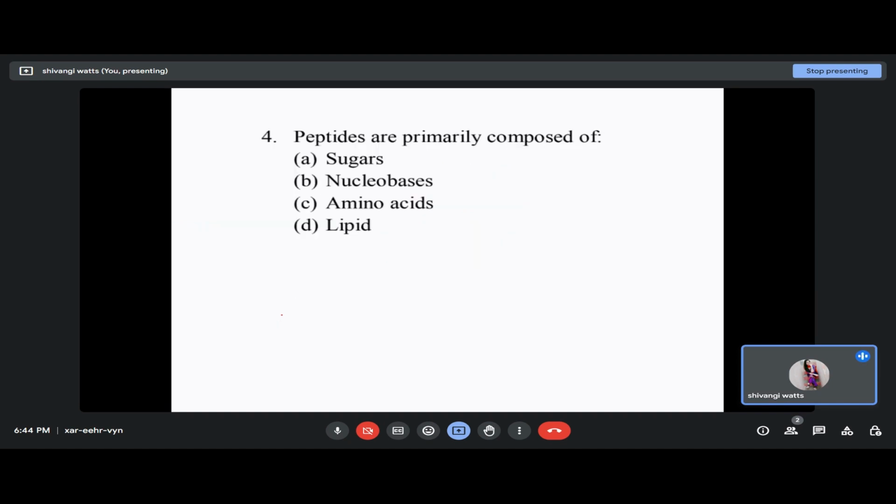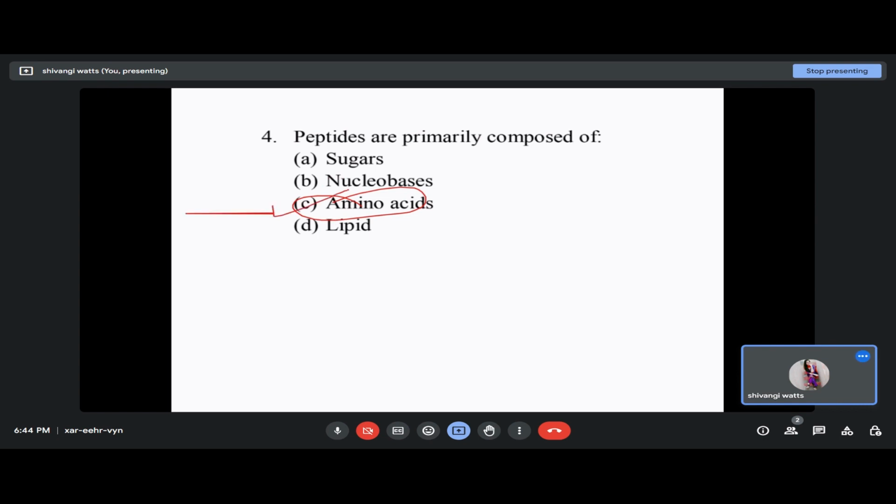The fourth question is, peptides are primarily composed of: B is nucleobases, C is amino acid and D is lipids. Peptides are basically proteins. Peptides are composed of amino acids. The polymerization of amino acids leads to the formation of peptides.